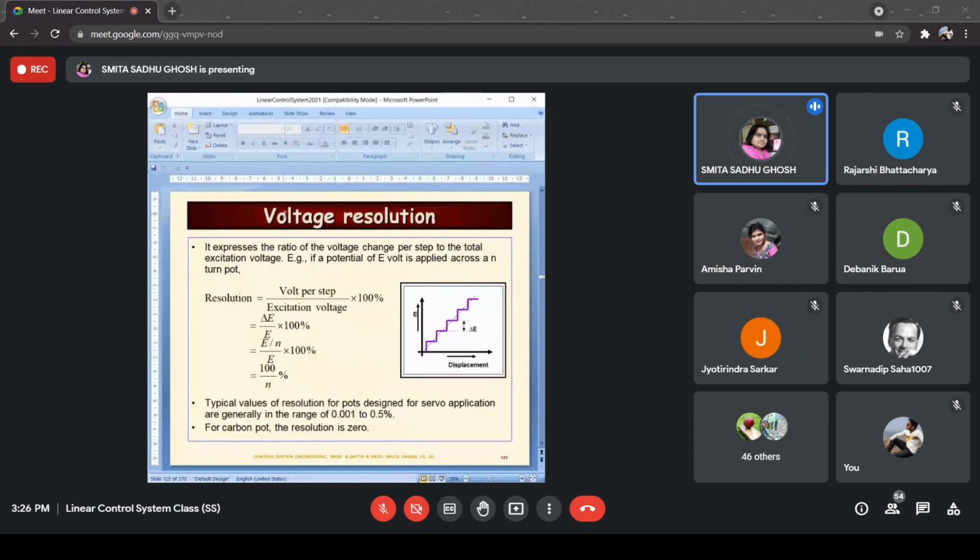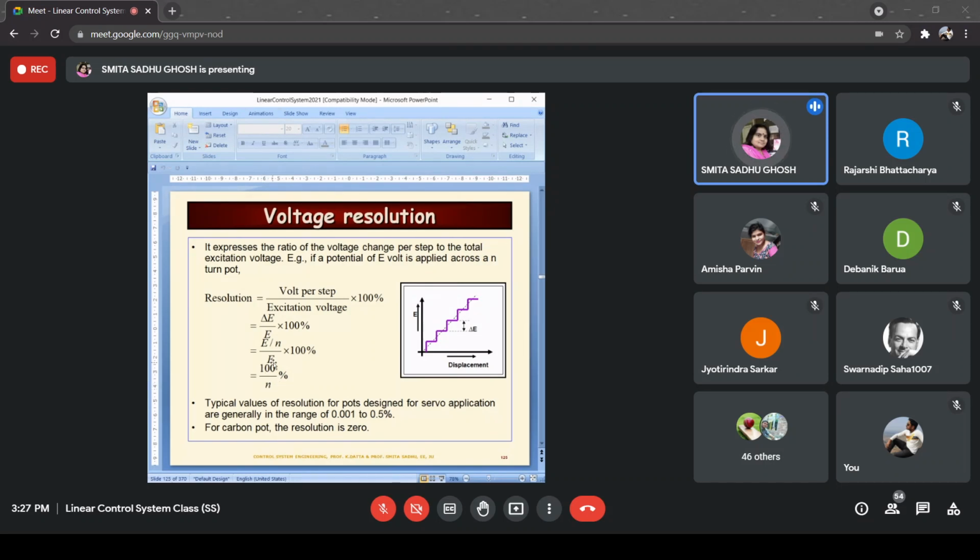So the terminology used for defining this is the voltage resolution. As far as the expression for voltage resolution goes, there is no term containing voltage. So whatever the excitation source voltage is, the voltage resolution is going to be independent of that.